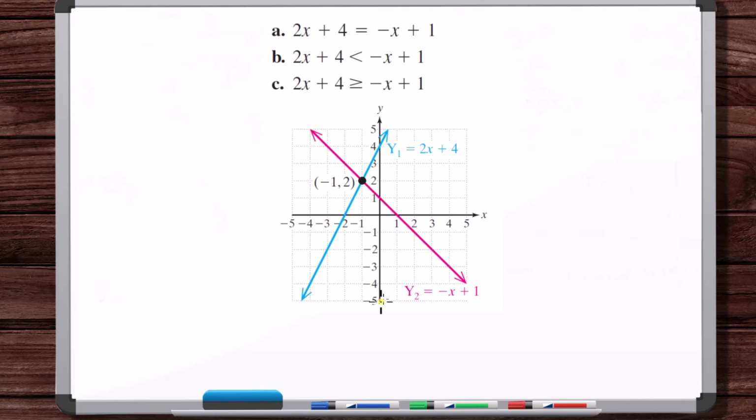So if we plug in this x value here, x is equal to minus 3, you plug that into both sides, that's fine, but you simplify the left side, you get minus 2. You simplify the right side, you get positive 4. That's not a solution.